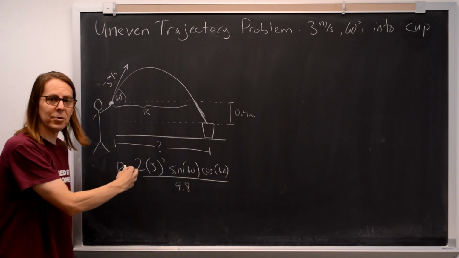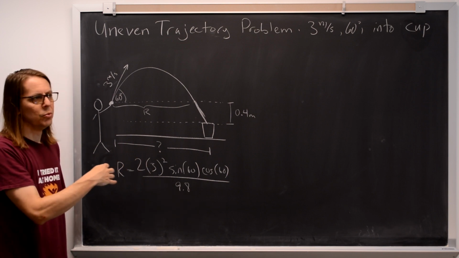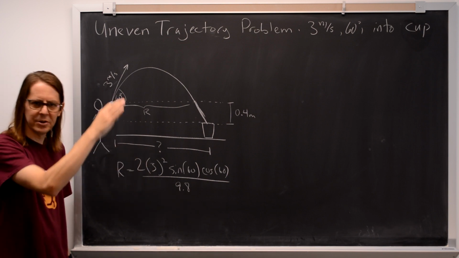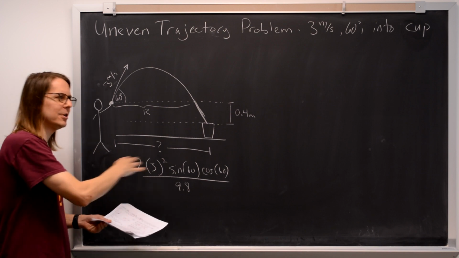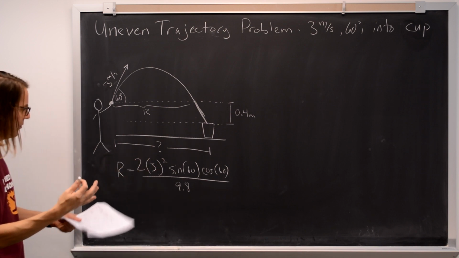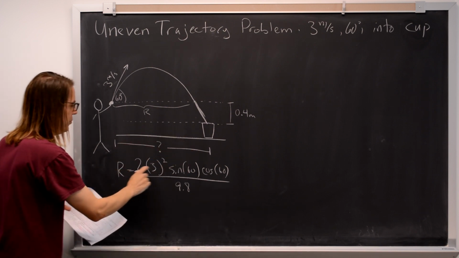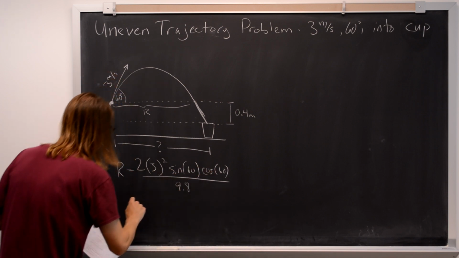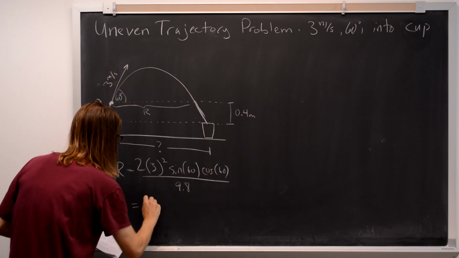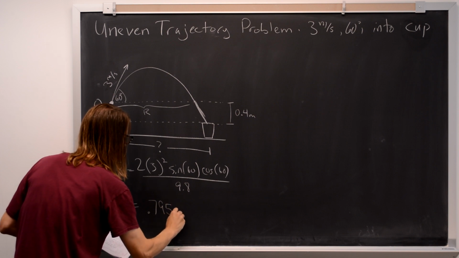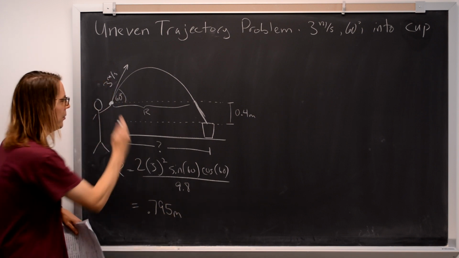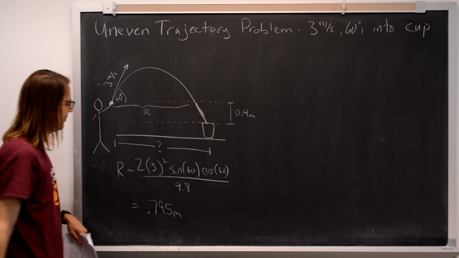This is just a formula we derived in class. Maybe it's worth memorizing, it'll be on the equation sheet, but we've done the physics to get this formula, so I'm just going to use the formula. If you plug those in correctly, 2v squared sine theta cosine theta over g, you get that the range is 0.795 meters. Okay, so part of the distance, 0.795 meters.